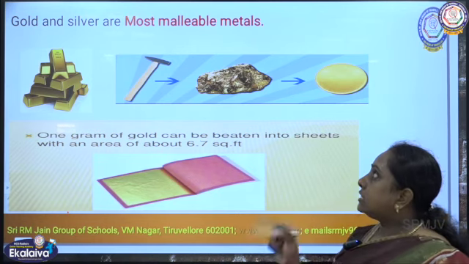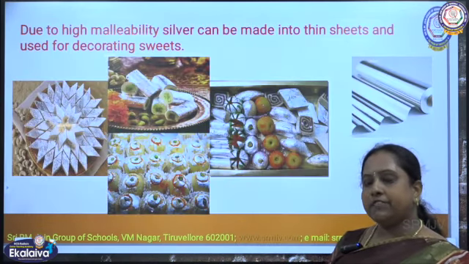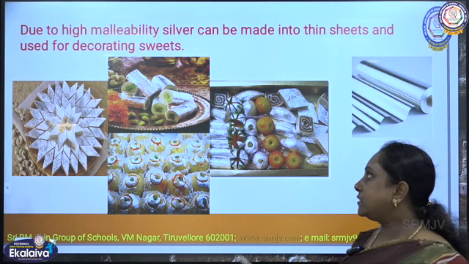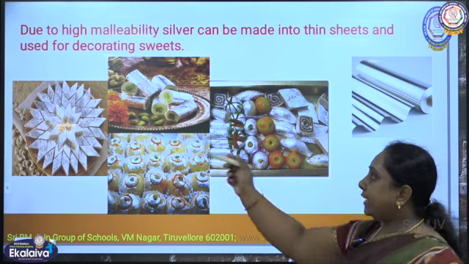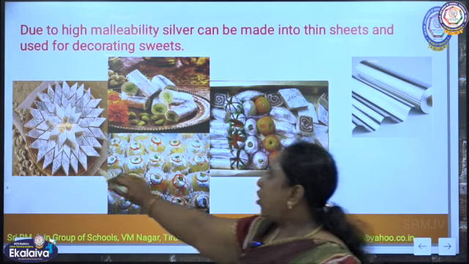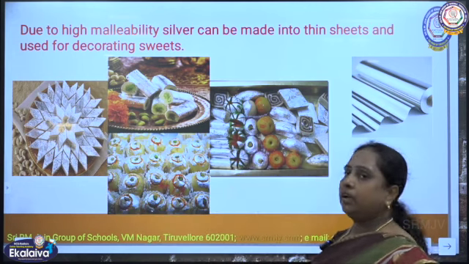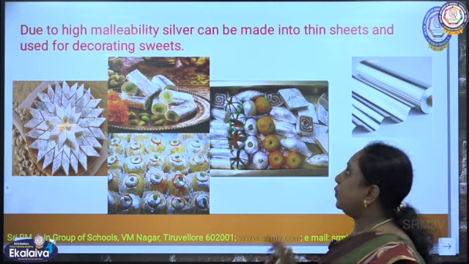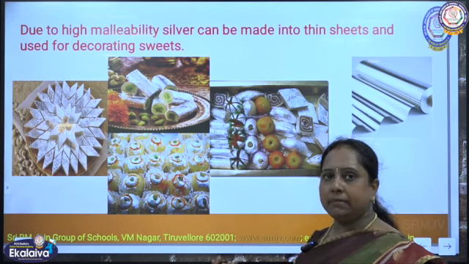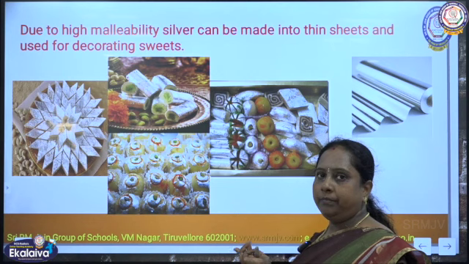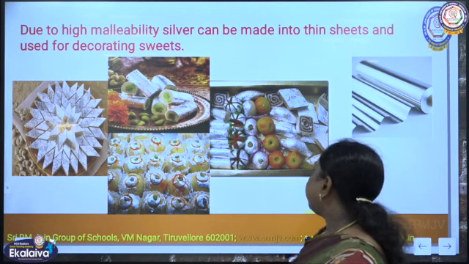Silver is also one of the other metals which can be made into thin sheets. You would have seen silver used to decorate sweets. On the sweets, you could see the silver sheets used for decorating. As it is highly malleable, silver can be used for decorating sweets.